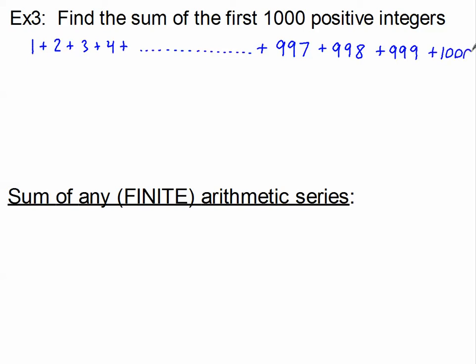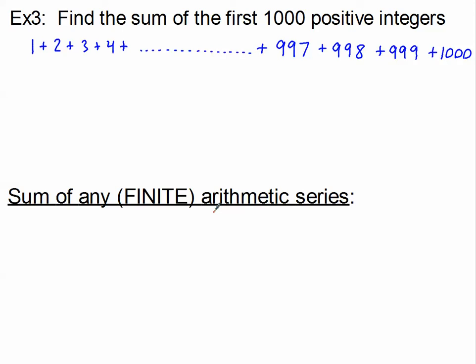I understand that that's what I am adding together, but it's going to take a long time, actually not as long as you would think in the calculator, to add these together. What makes a lot more sense is grouping our terms in a better way. If you group them in order, that's probably one of the worst ways to group them. But if you group them a different way, it makes the formula that I'm about to show you a whole lot easier to remember.